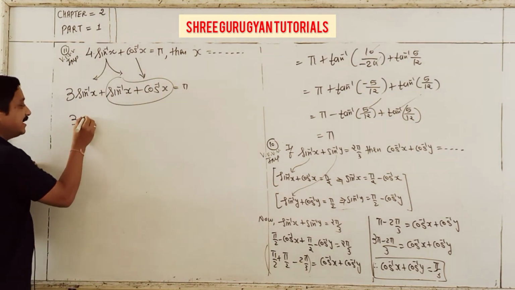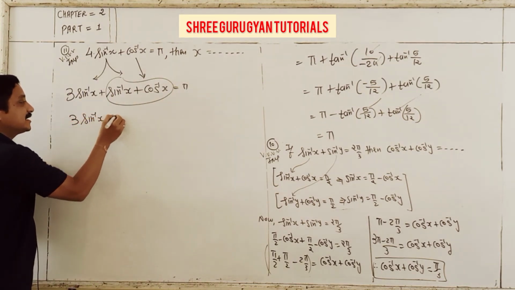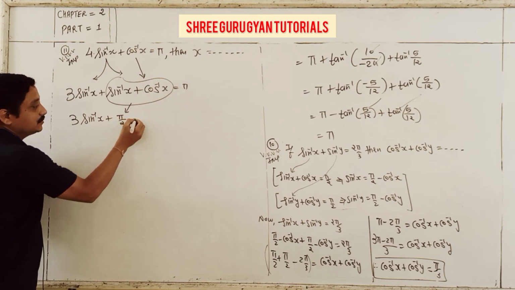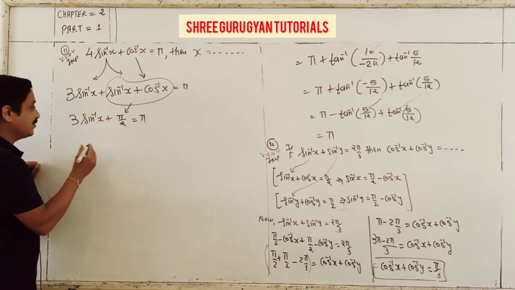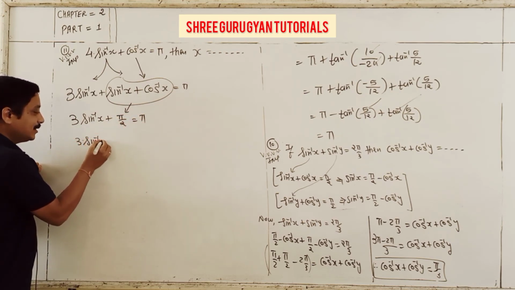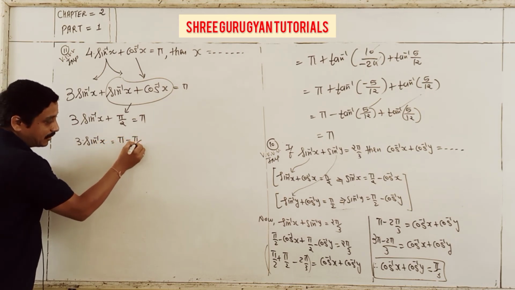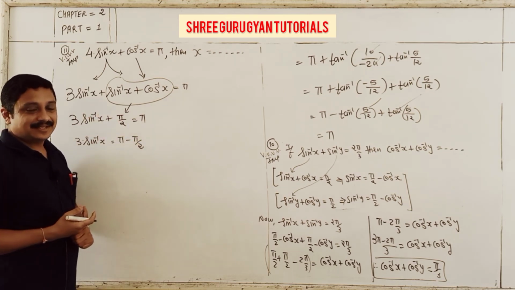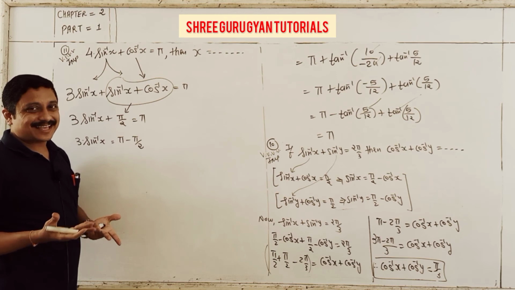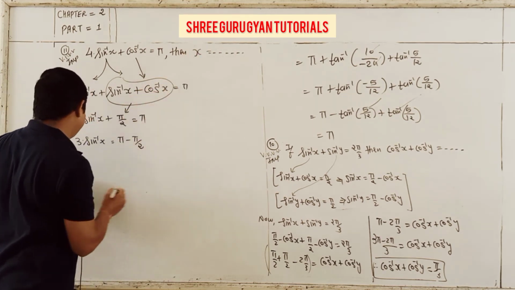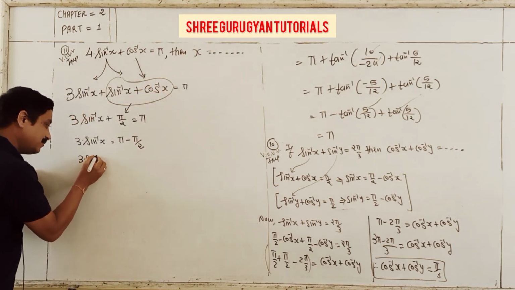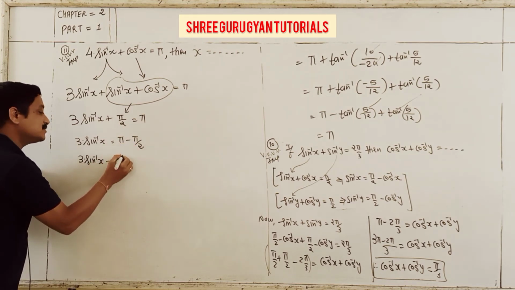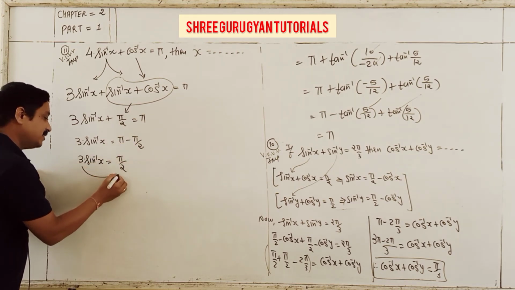So 3 times sin inverse x, plus pi by 2, equals pi. Now very quickly you define 3 times sin inverse x as pi minus pi by 2, divided by 3.